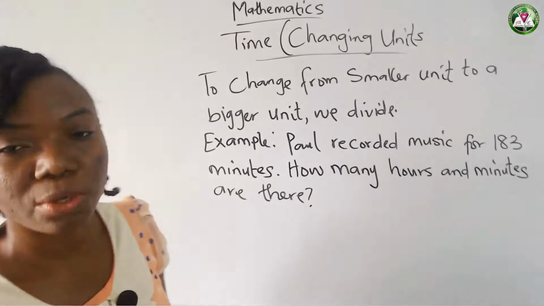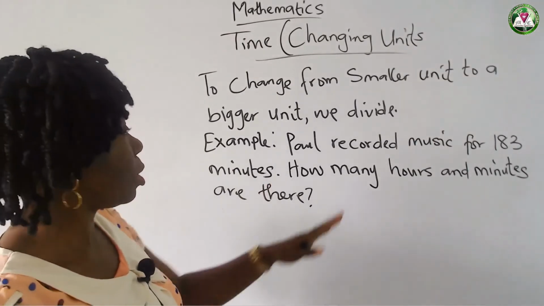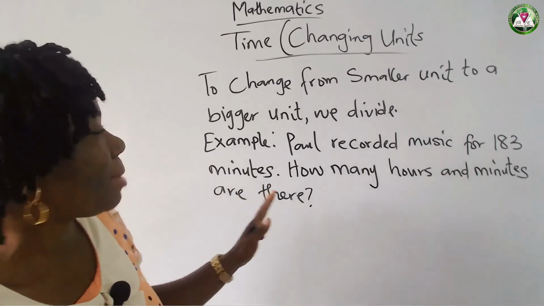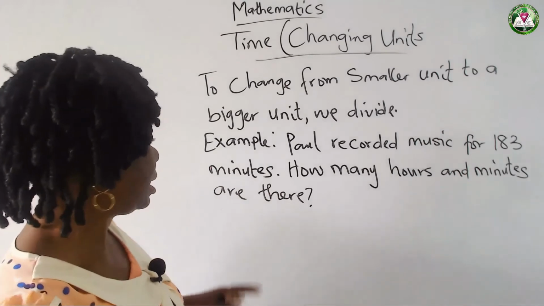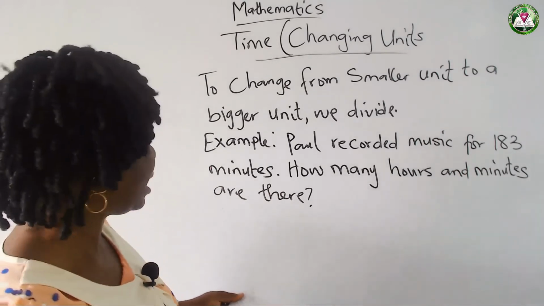The question is on the board that Paul recorded music for 183 minutes. The question is, how many hours and minutes are there?